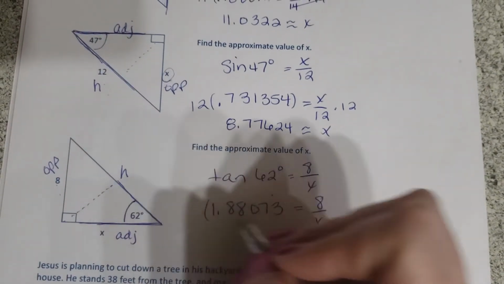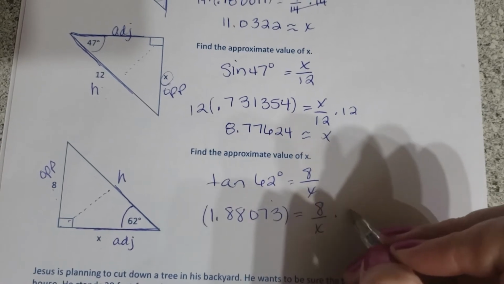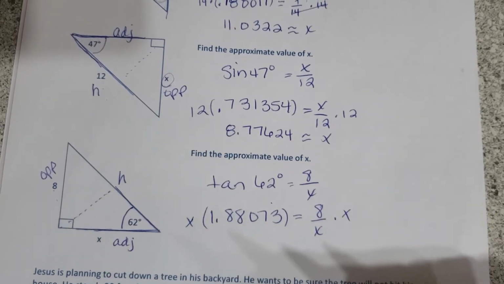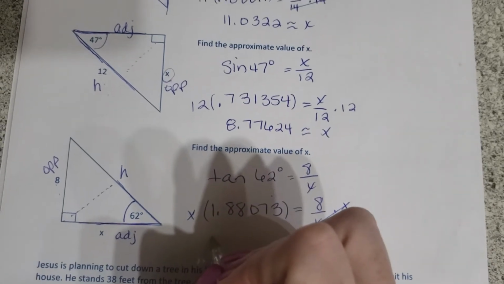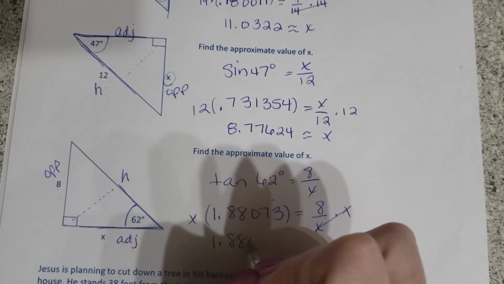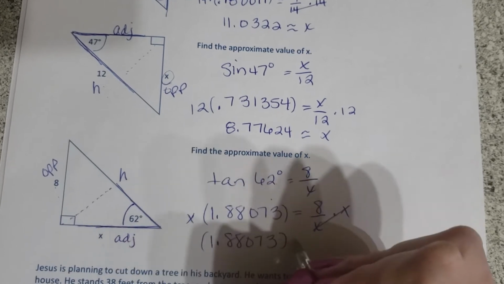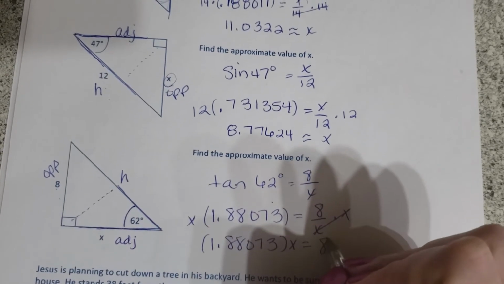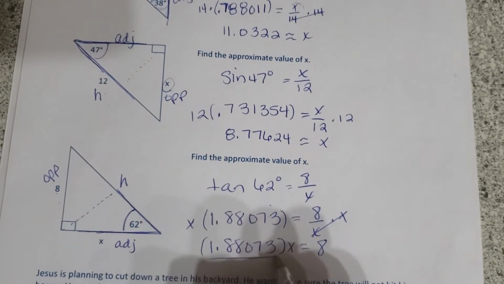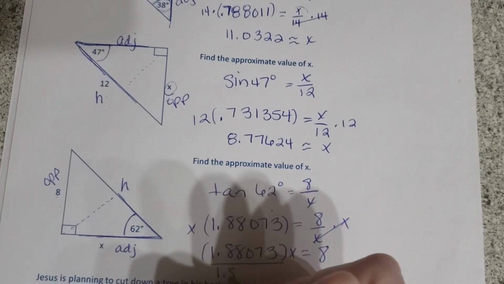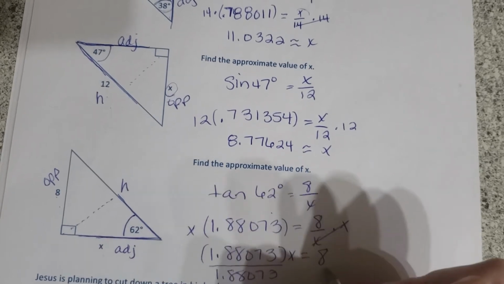Now, I'm going to multiply both sides of my equation by x, and that gives me 1.88073 times x equals 8, but now I still have to get the x by itself. So I'm going to go ahead and divide both sides by 1.88073.